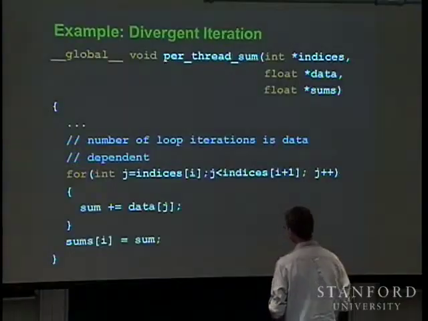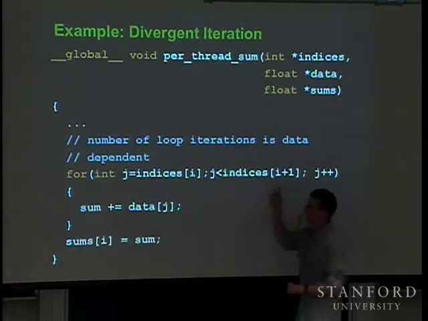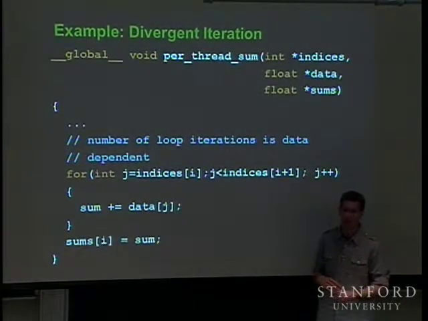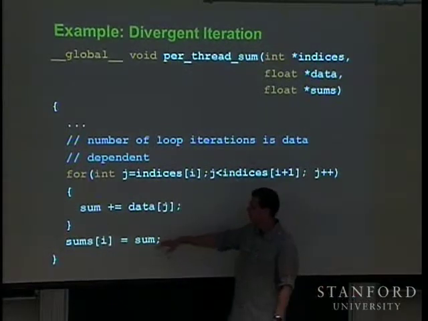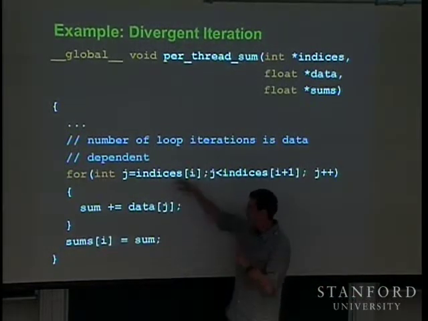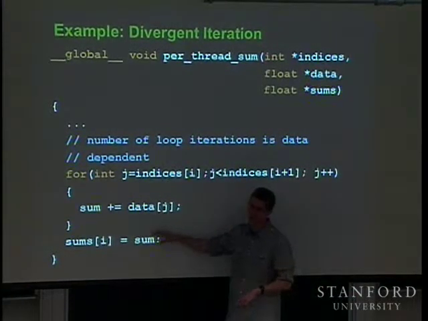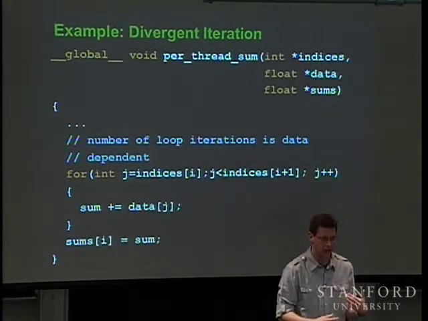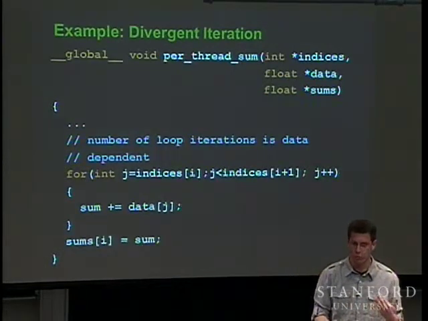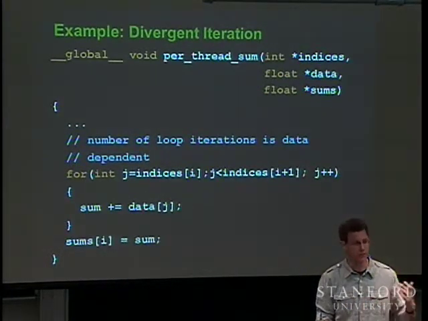If you have this kind of access pattern, what you probably want to do is limit the number of iterations to something which is large but somewhat reasonable. And that means you have some code which cleans up after the long-running threads, because you've cut off threads which would have run for 1,000 iterations at 100.